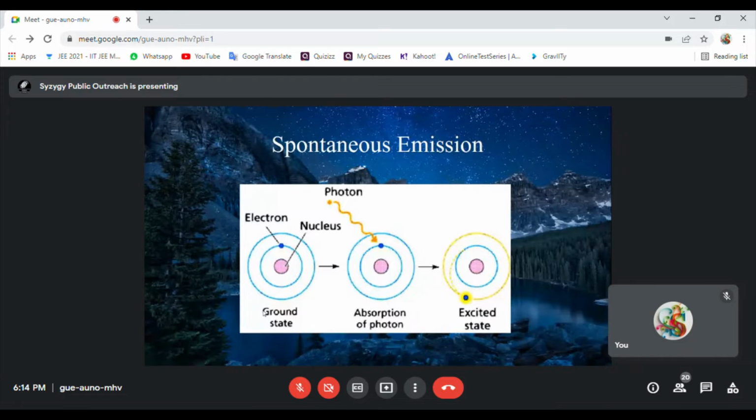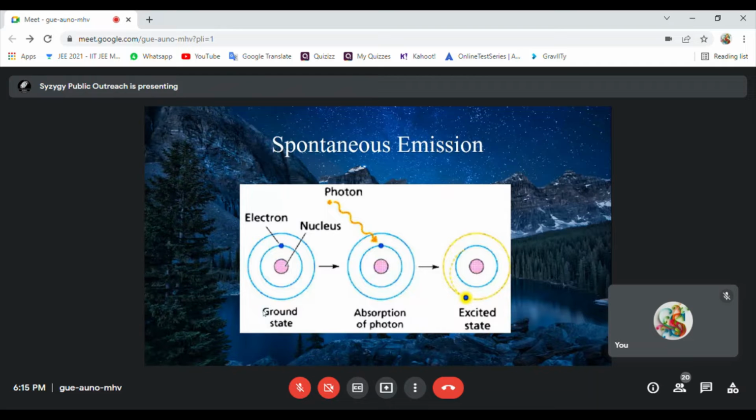Now, there are certain rules according to which the distribution of electrons in various shells is done. Not all the electrons can be in the first shell, only a certain number of electrons can be in the first shell. So an electron in its closest possible shell to the nucleus is said to be in its ground state. When such an electron absorbs a photon, that photon transfers its energy to the electron, and the electron may or may not get to an excited state.